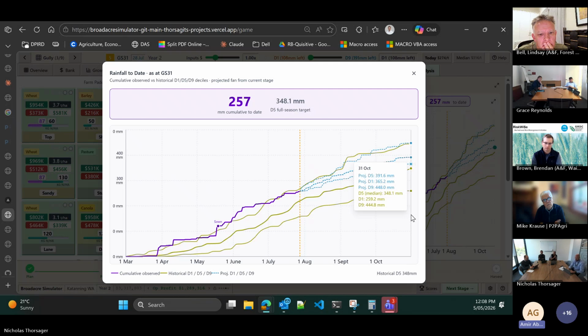And then when you arrive at that decision point of 1st of August, it also does projections based on those historical averages and says, well, we've had so much rain that even if we get the worst possible outcome, it's actually going to be more than our normal decile 5 year. And if we get the best outcome, of course, then it'll be like the best historical season.